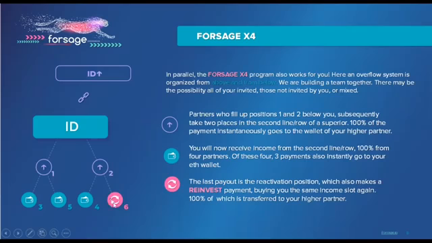Okay, so that payment will go up to a superior partner, depending on whether or not they've opened that income slot. And this is how it also works with upgrading as well.